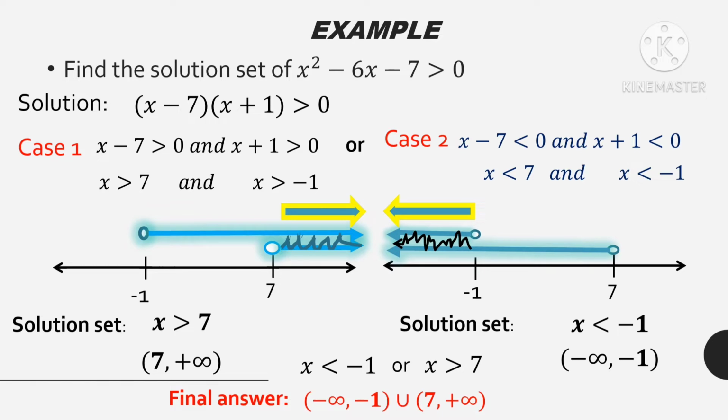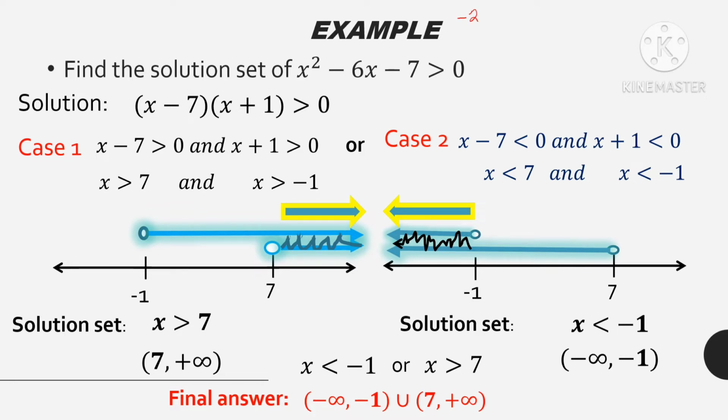To verify if those numbers are really the solution set of the given inequality, we can select a number on the left side of negative 1, let's say negative 2.